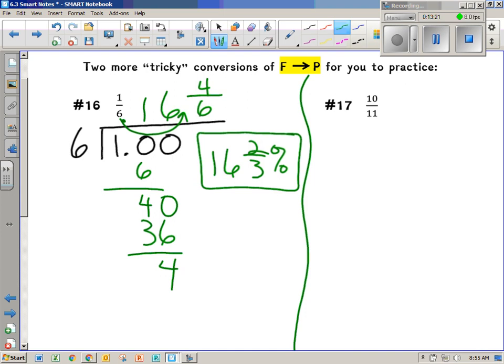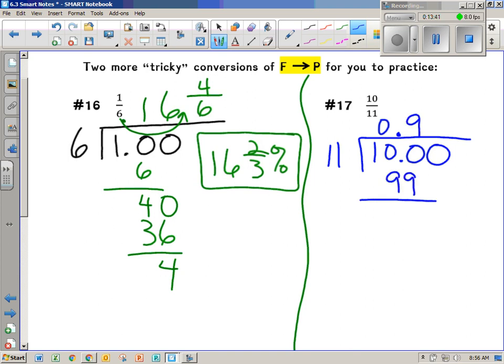So let's try one more. So 10 divided by 11. Put your decimal 2 places, so 2 zeros, and start dividing. 11 doesn't go into 10. 11 into 100 is going to go, what, 9 times. That's 99. 100 minus 99 is 1.